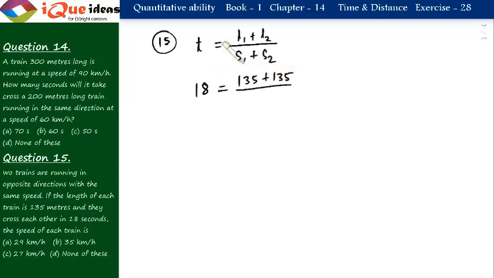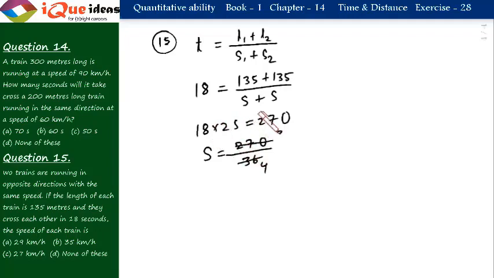So it is 135 plus 135 divided by speed, which is also the same. So let's assume it is S plus S. So we have 18 into 2S is equal to 270. So S would be equal to 270 upon 36. Now cancel by 9: 4 nines are 36 and 9 threes are 27. So 30 by 4. So it is 15 by 2. So S is equal to 15 by 2 meters per second.